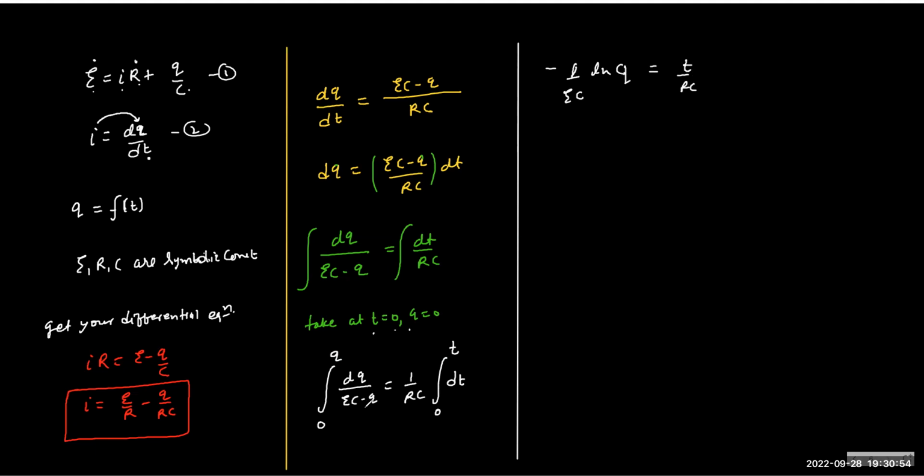But how is this possible to integrate? You can take EC left and you're integrating ln q. I mean, how is this possible? Do you think this is correct? No, so sorry. Something is missing here. Just recheck.